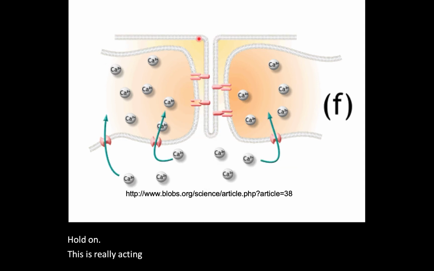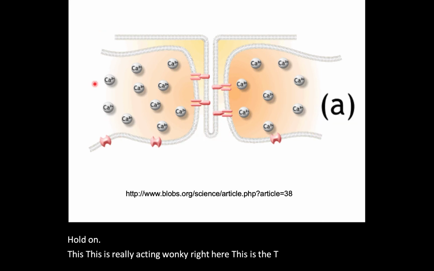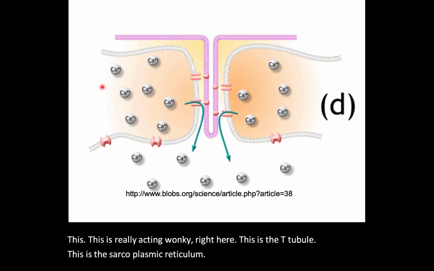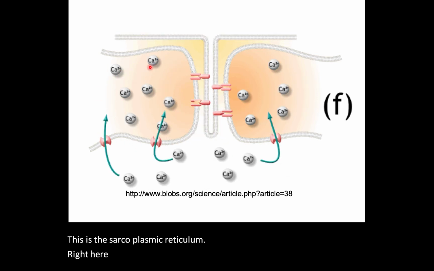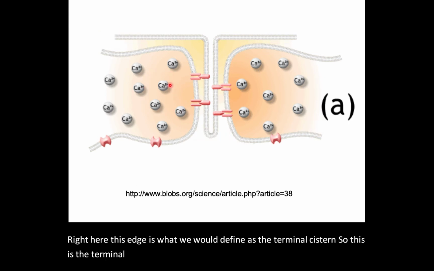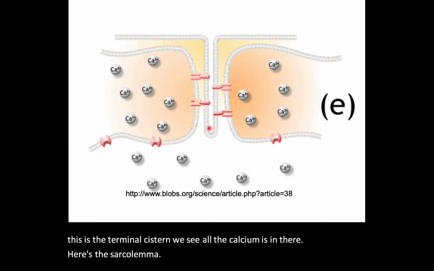Right here, this is the T-tubule. This is the sarcoplasmic reticulum. This edge is what we would define as the terminal cistern. So this is the terminal cistern. We see all the calcium is in there. Here's the sarcolemma. Here's the T-tubule.